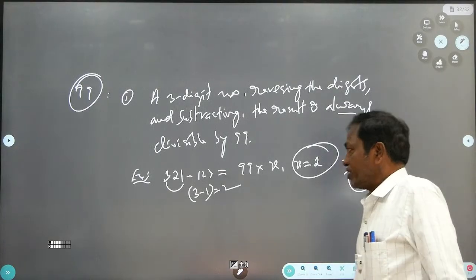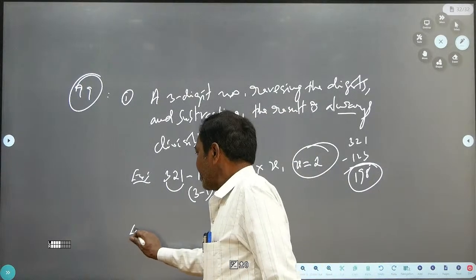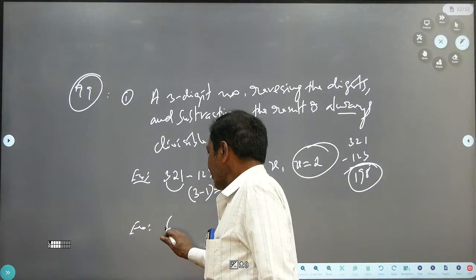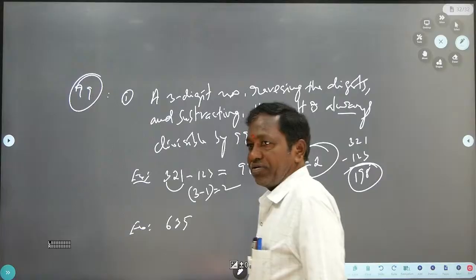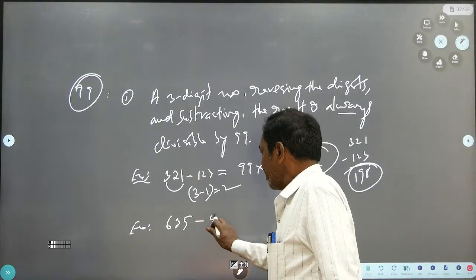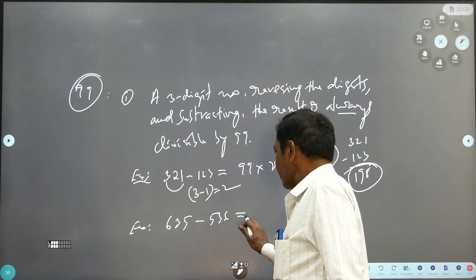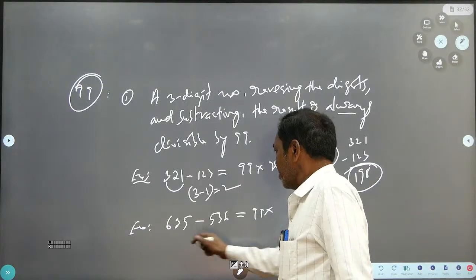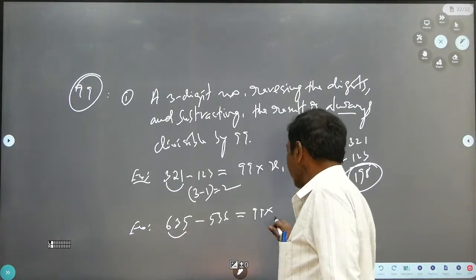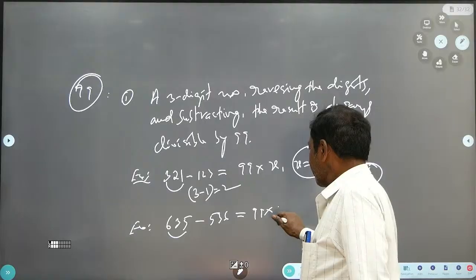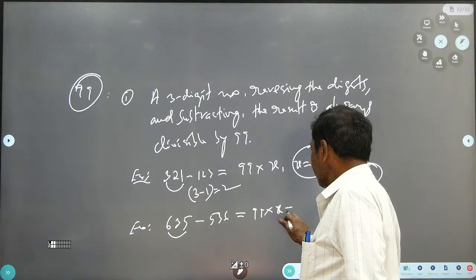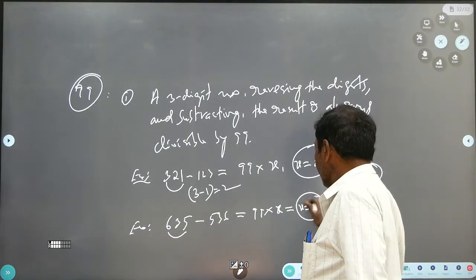For example, if you take some other number, like 635. 635 minus 536 is equal to 99 into 6 minus 5, 1. So x value is 1.